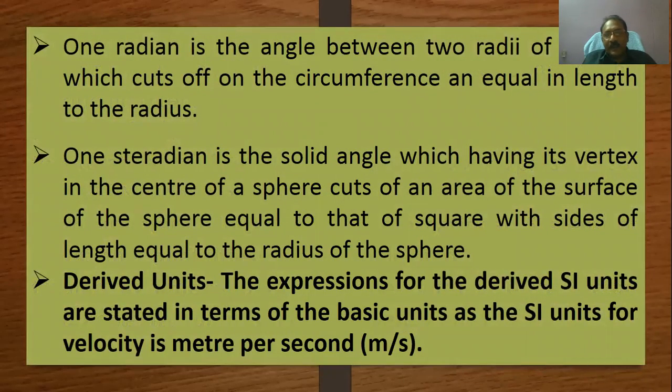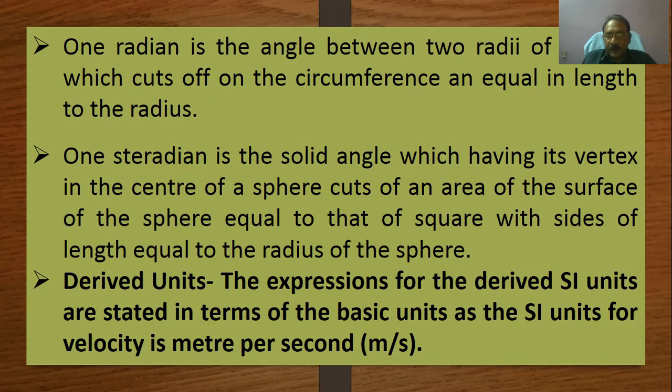One radian is the angle between two radii of a circle which cuts off on the circumference an arc equal in length to the radius. Similarly, one steradian is the solid angle which has its vertex at the center of a sphere and cuts an area of the surface of the sphere equal to that of a square with sides of length equal to the radius of the sphere.